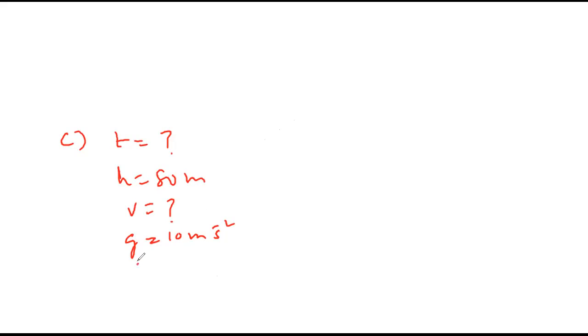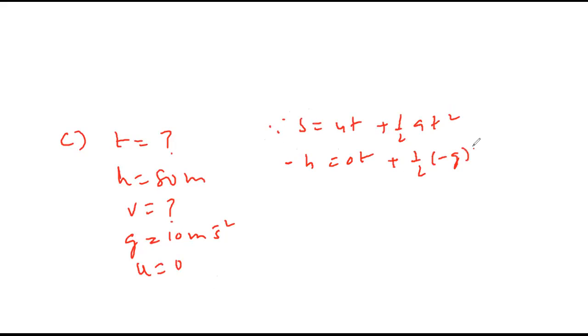So initial velocity in this case is 0. Sir, we can also use v square is equal to u square plus 2gh.